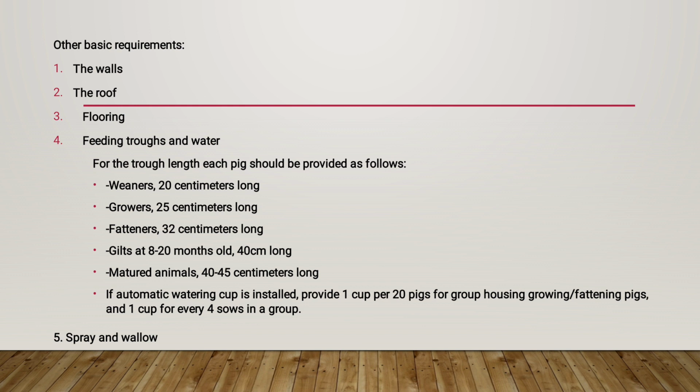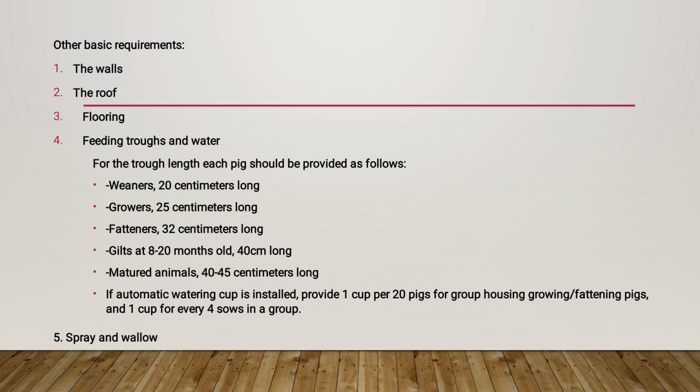The next, we have feeding troughs and water. So, food and drinking troughs should be durable and easy to clean. So, a U-shape or circular bottom trough is preferable. So, for the trough length, each pig should be provided as follows. For weaners, 20 centimeters long. For growers, 25 centimeters long. For fatteners, 32 centimeters long. And for gilts, at 8 to 10 months old, 40 centimeters long.